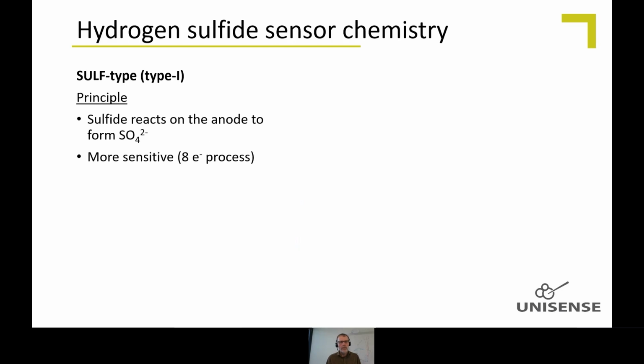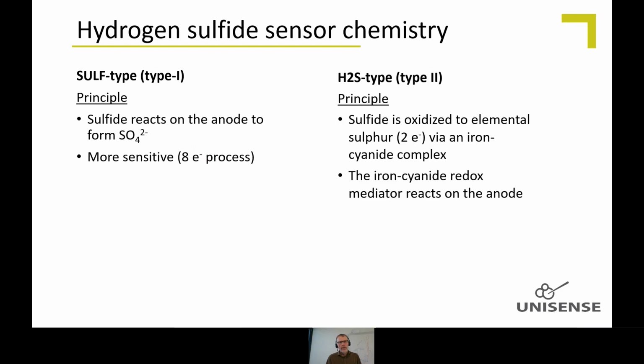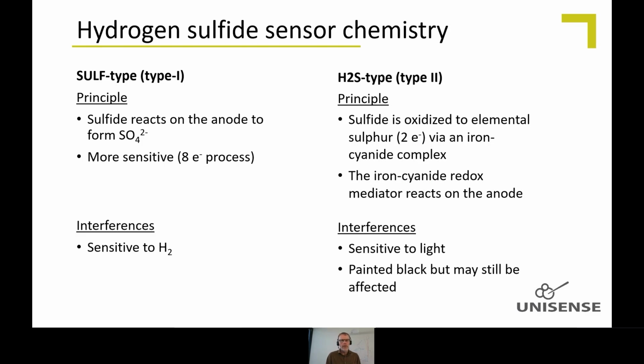I'll just mention those. The SULF type principle is that sulfide is oxidized all the way to sulfate, so you have an 8-electron process. The H2S type is only a 2-electron process because sulfide is oxidized to elemental sulfur only. And an iron cyanide complex is a mediator in this. The reason for having two types is that this is the better sensor, but it has a sensitivity to hydrogen.